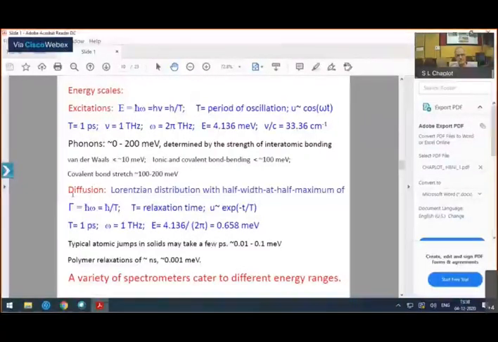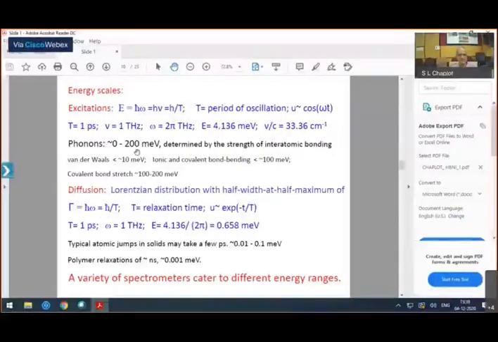Stochastic dynamics, which is easy to call diffusion, although diffusion has a limited meaning. What we really mean here is all kinds of stochastic relaxation processes. As we already said, these can have a Lorentzian kind of distribution, unlike the delta functions here. If you have a relaxation function which is exponential minus t by tau, tau being the relaxation time, then in the Fourier transform the angular frequency will be the inverse of the relaxation time.